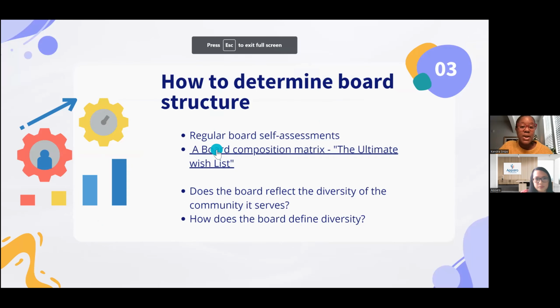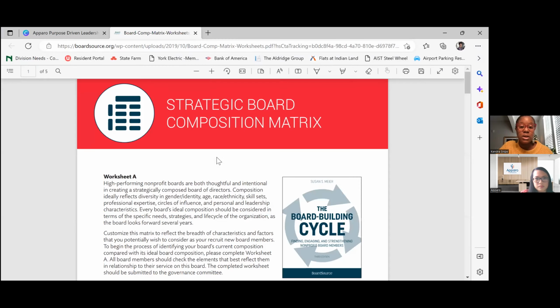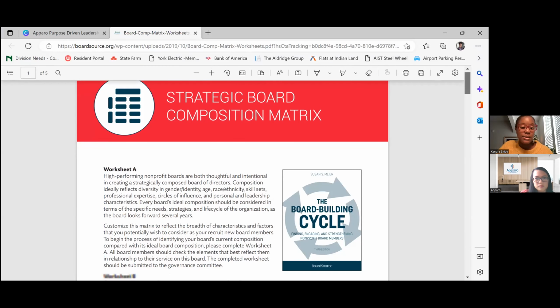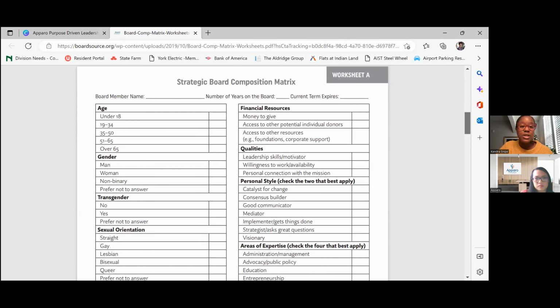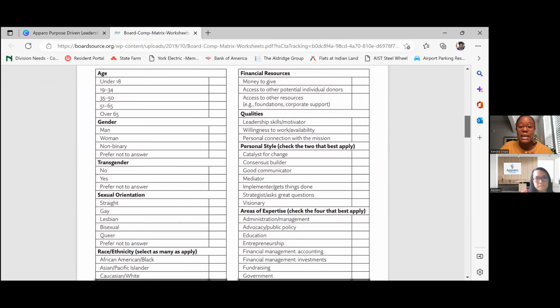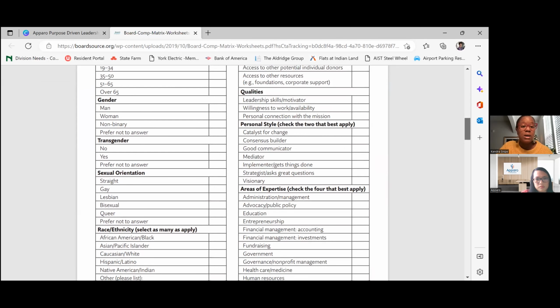It is very detailed and it's broken down into many different categories. We're talking about age, gender, qualities, financial resources, transgender, sexual orientation. These are all of the areas that sometimes we may not even think about paying attention to.